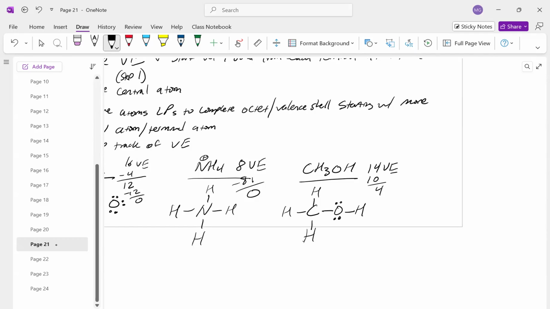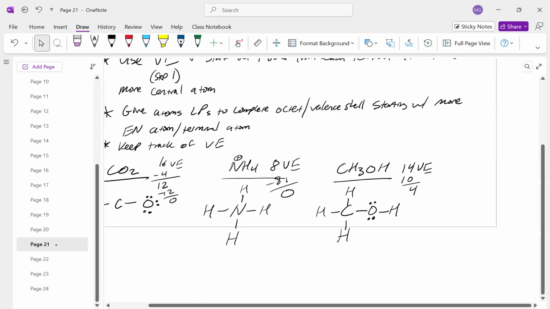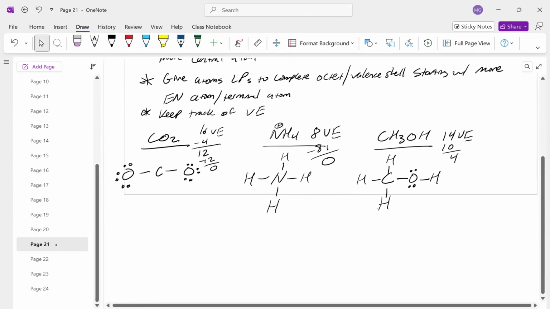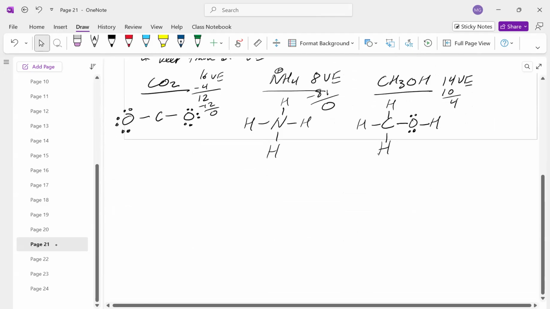And now oxygen is happy. In fact, if you look at all of the atoms, they all have a filled valence shell. So for this problem, we've actually completed the Lewis structure for methanol. Sometimes that happens that way. Great, then we don't have any other steps to do. But we'll verify this on our next step.